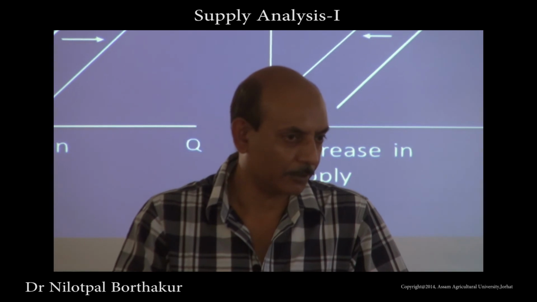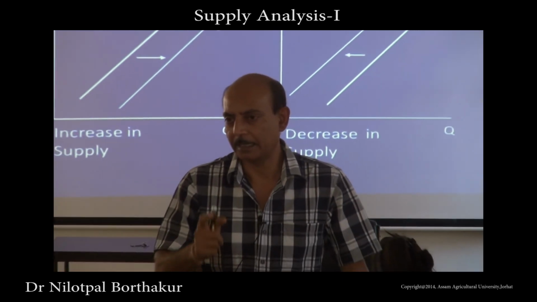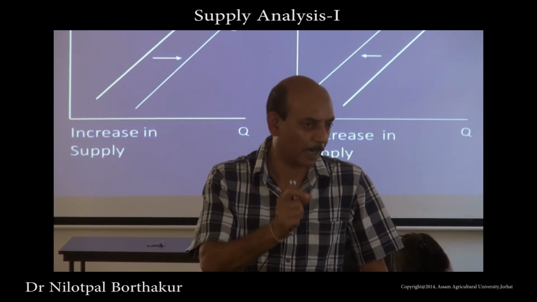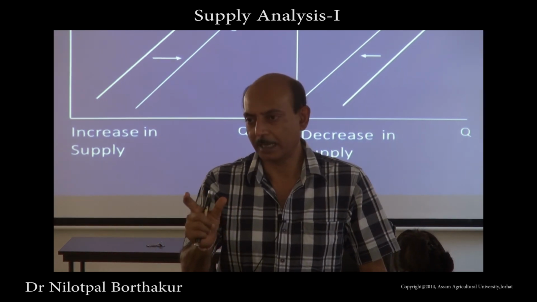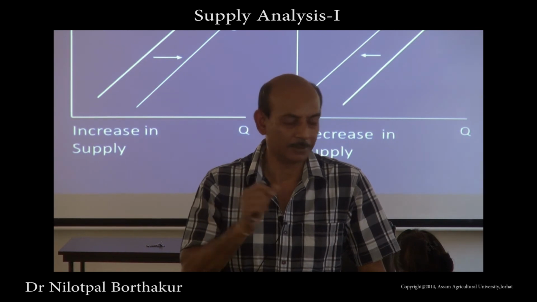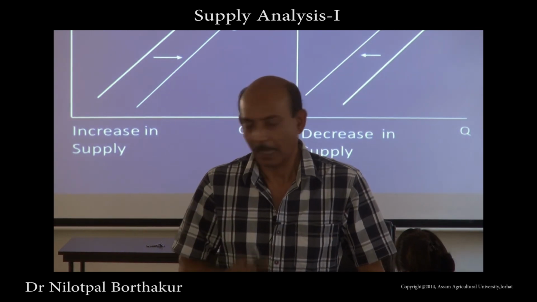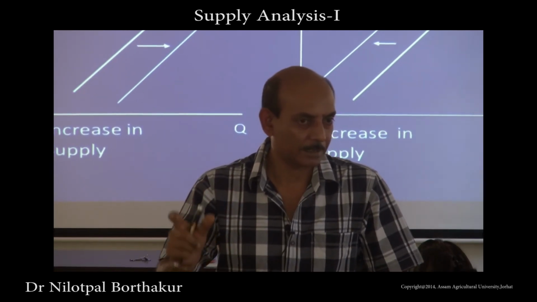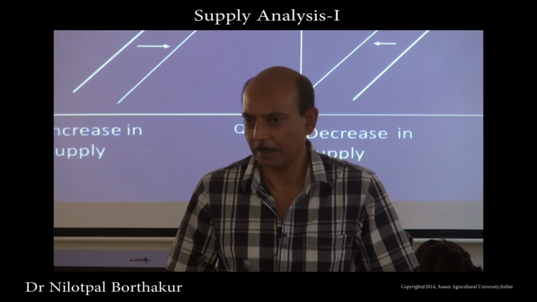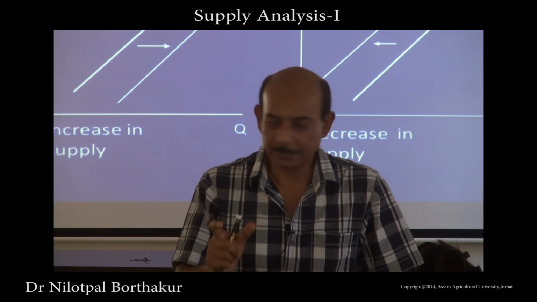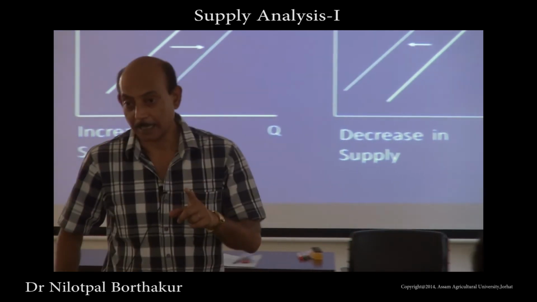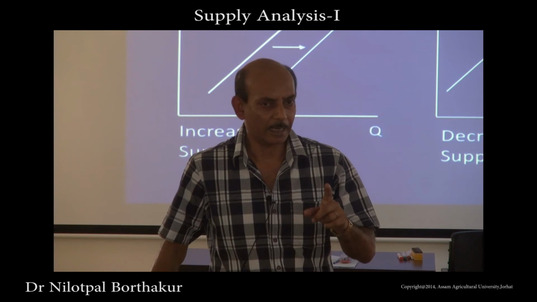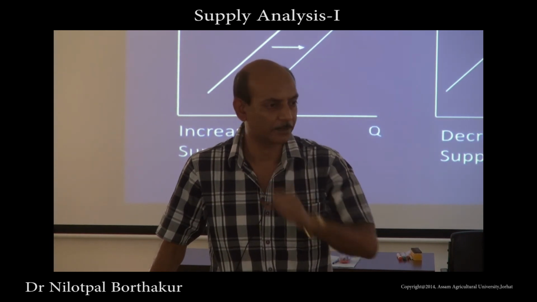And in the functional method, it is a mathematical relationship between price and the quantity supplied. And mathematically, we can establish a functional relationship between these two. And when we express the price and quantity supplied relationship, since there is a direct relationship, slope of the supply curve is positive, and hence the supply curve increases from left to right.